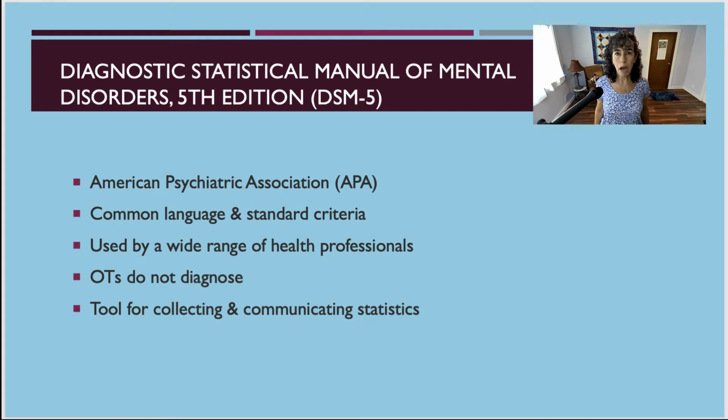It's used by a wide range of health professionals, including OTs. Important to note that OTs do not diagnose conditions. We can think in our head, wow, that looks an awful lot like borderline personality disorder, but we are not the people that write it down anywhere or make that definitive diagnosis, right?